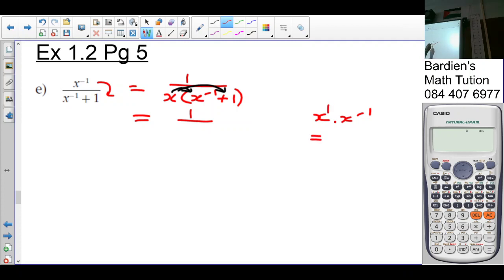Why? Because when we're multiplying and the bases are the same, we add the powers. So it's going to be 1 plus minus 1, which is 0. Anything to the power 0 is 1. So it's 1 plus. What's x times 1? X. That's actually very easy.